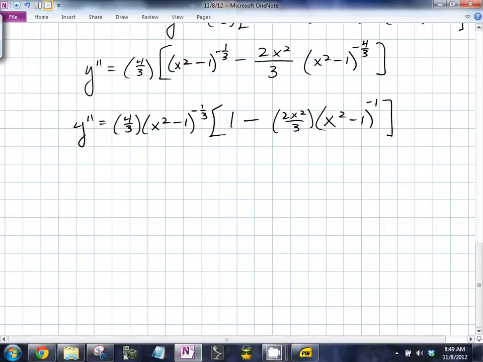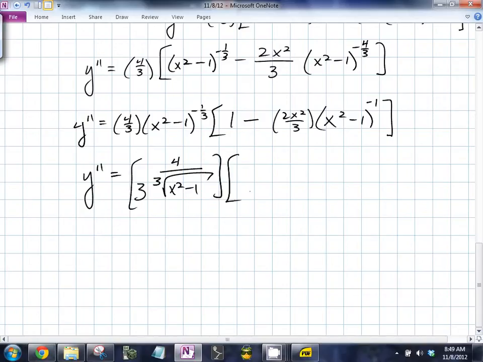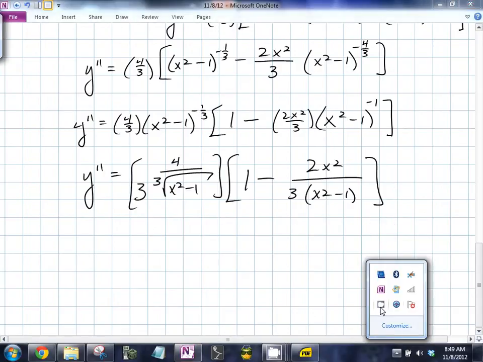Is that a nice cleaner form? I think so. So y double prime is equal to 4 over 3 times the cube root of x squared minus 1, times 1 minus 2x squared over 3 times x squared minus 1. Excellent.